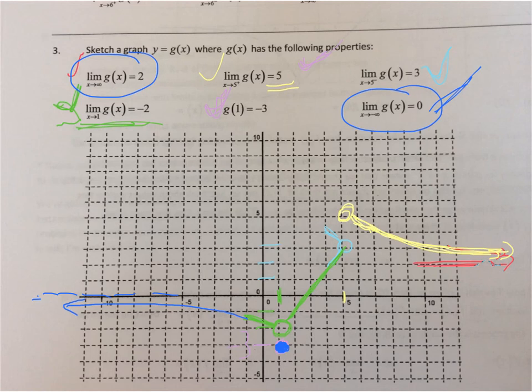So, and then I'm going to erase this little blue part right here, because I was able to determine more information. Again, okay, so I think that wraps up this problem.